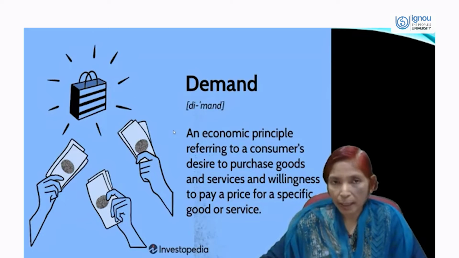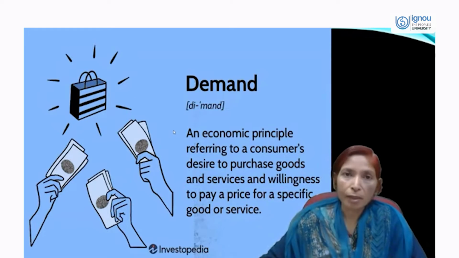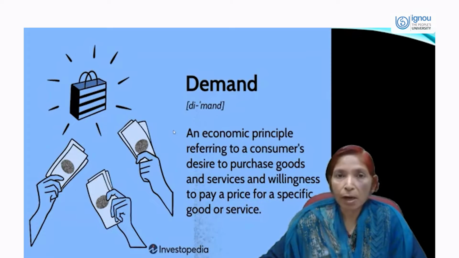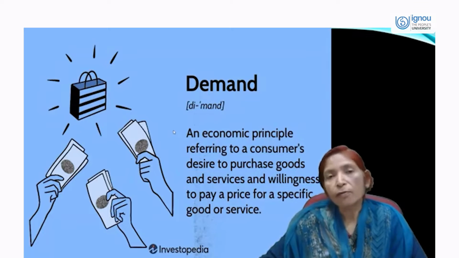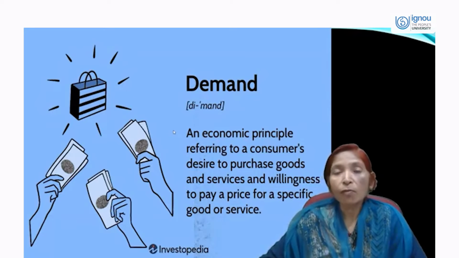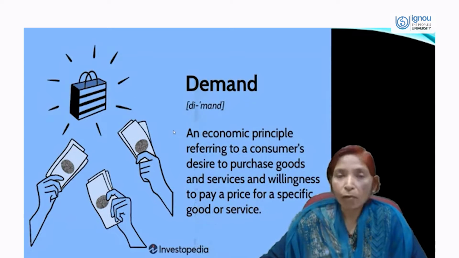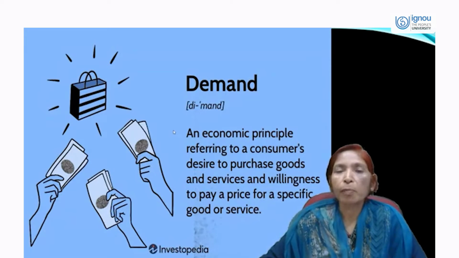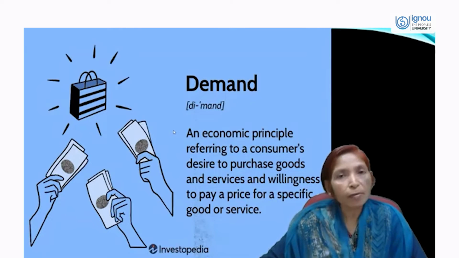Third, you must have purchasing power, because without purchasing power, how can you fulfill your demand? And fourth, you must have willingness to spend. If you have desire for a commodity, you have purchasing power, you are interested to buy, but you are not willing to pay, then demand will not be fulfilled.